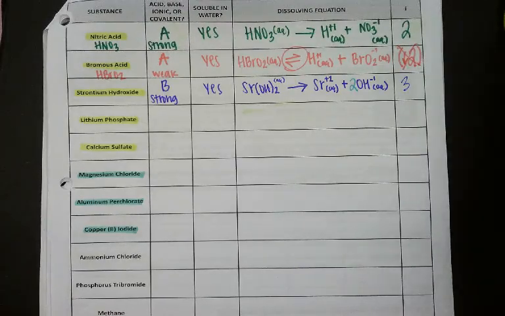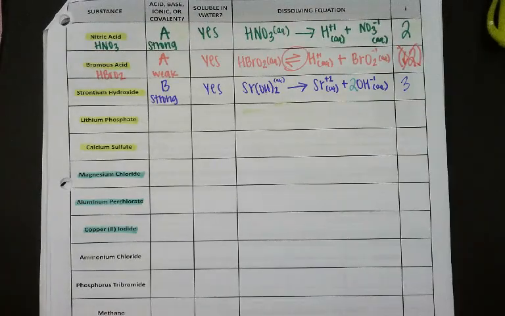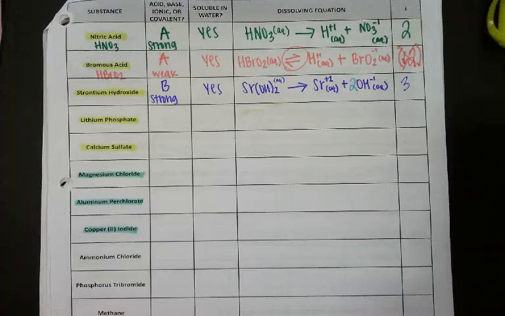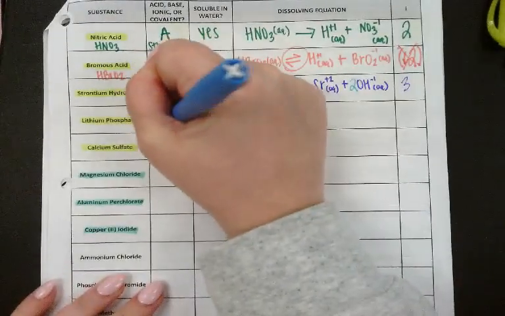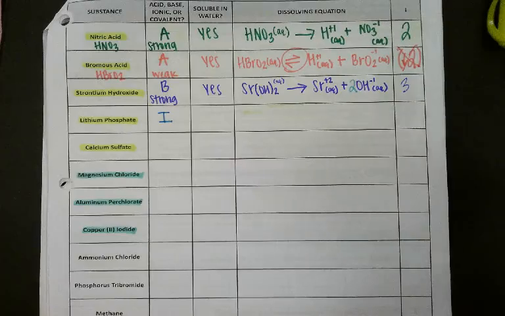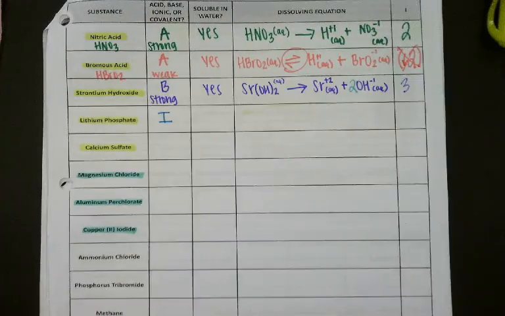Trust me. All right, lithium phosphate. Vidyuth. Acid, base, ionic, or covalent? Ionic. So when I determine that something's ionic, Miley, what do I have to check? Would you like to phone a friend?